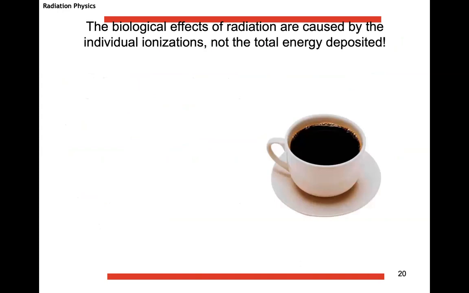Well, the first thing we have to see is that the biological effect of radiation is not related to the total energy deposited. This is a simple example. The lethal dose for a human, we say, is about 4 gray.